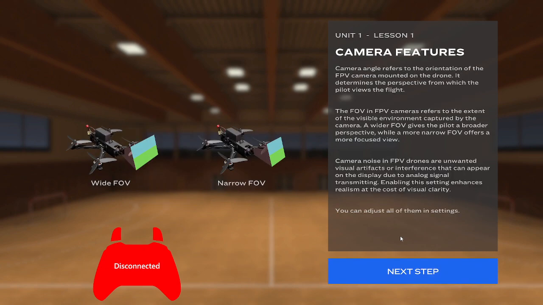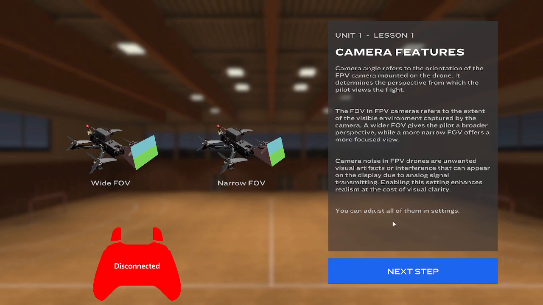Camera features. Camera angle refers to the orientation of the FPV camera mounted on the drone. It determines the perspective from which the pilot views the flight. FOV in FPV cameras refers to the extent of the visible environment captured by the camera. A wider FOV, field of view, gives the pilot a broader perspective, while a more narrow FOV offers a more focused view.